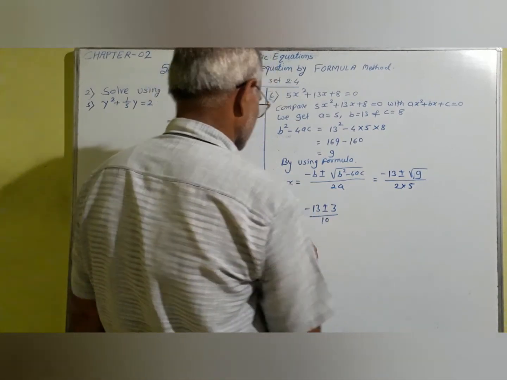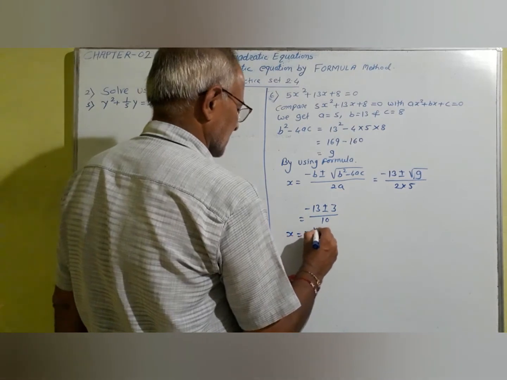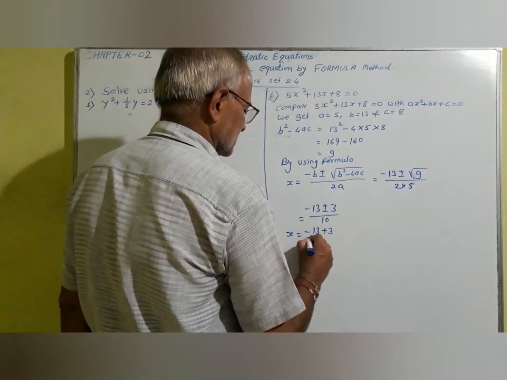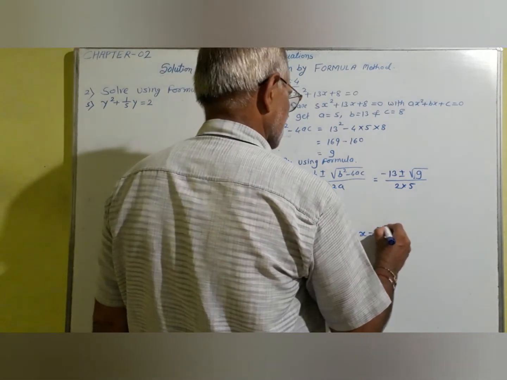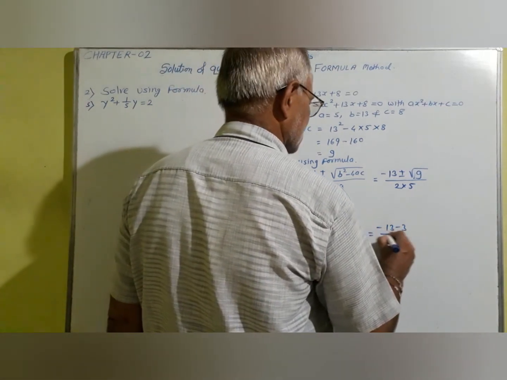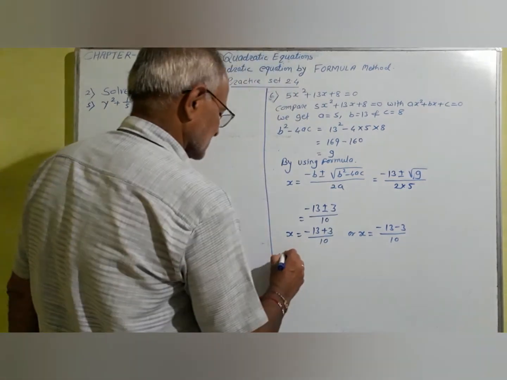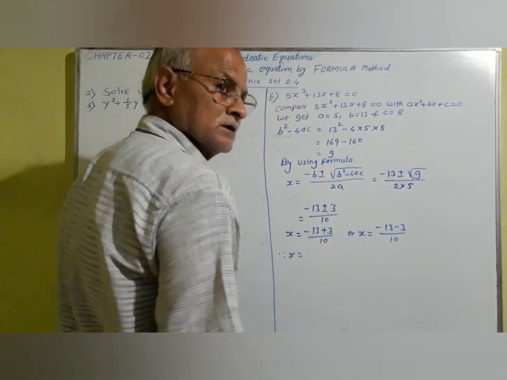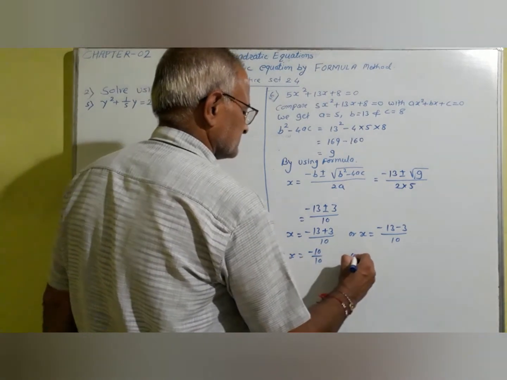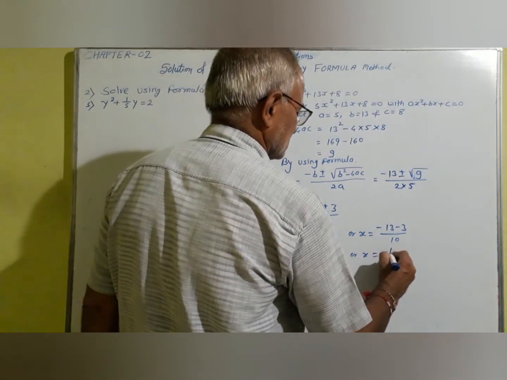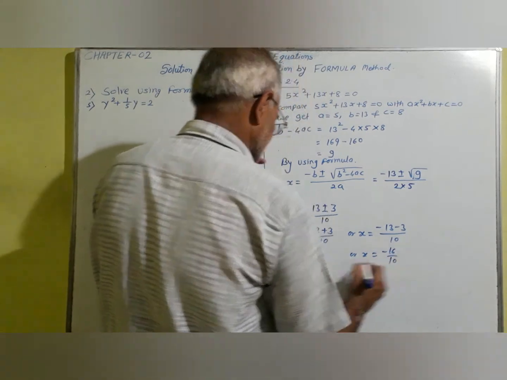Therefore we write here x is equal to minus 13 plus 3 upon 10, or x is equal to minus 13 minus 3 upon 10. Therefore x is equal to minus 10 upon 10, or x is equal to minus 16 upon 10.